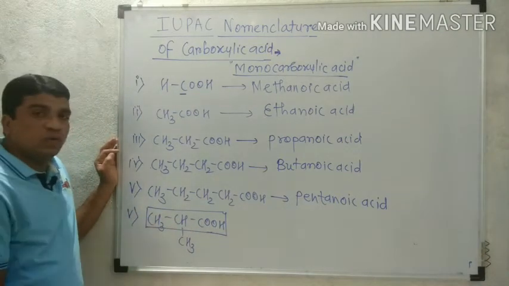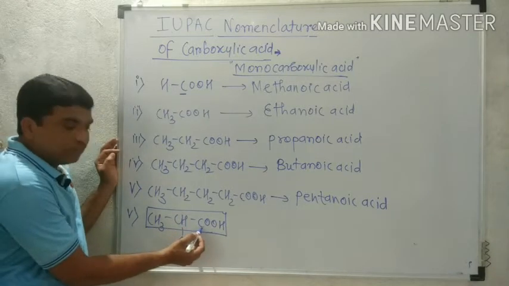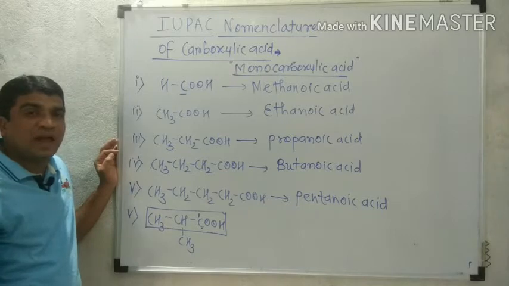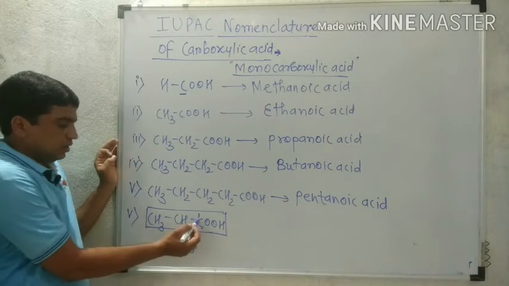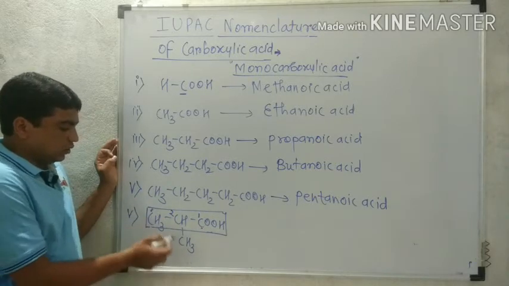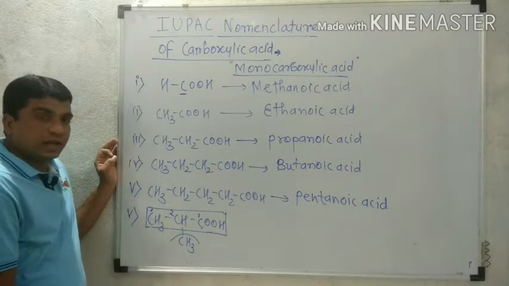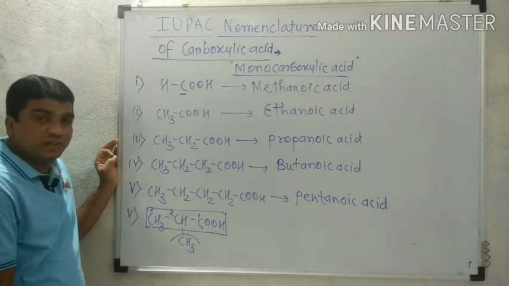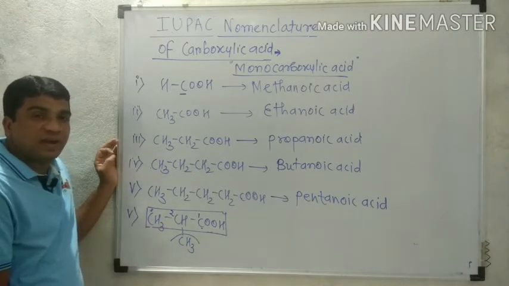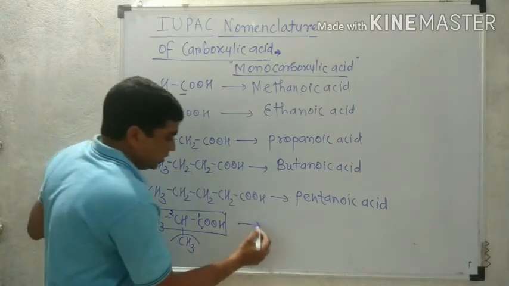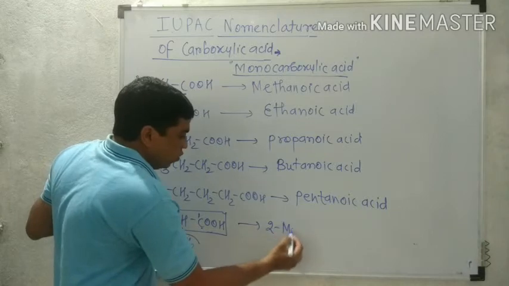Now, from COOH, the carbonyl carbon is always first, because it always comes at the end of the structure. Then it is first, second, third. The substituent CH3 is outside the box, meaning outside the long parent chain. So the second carbon contains a methyl. Right here, 2-methyl.